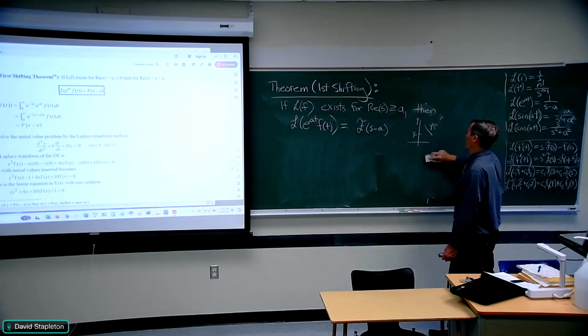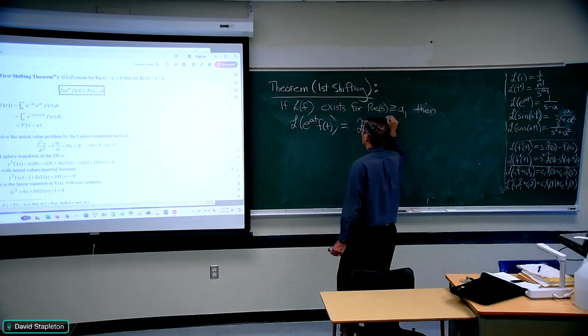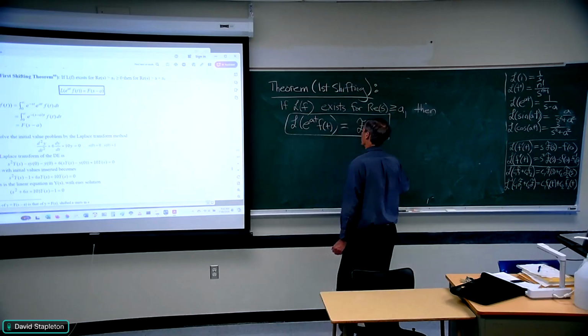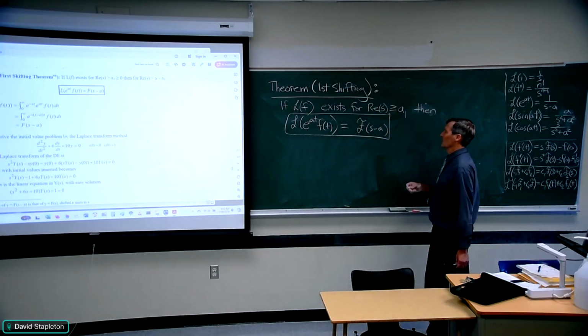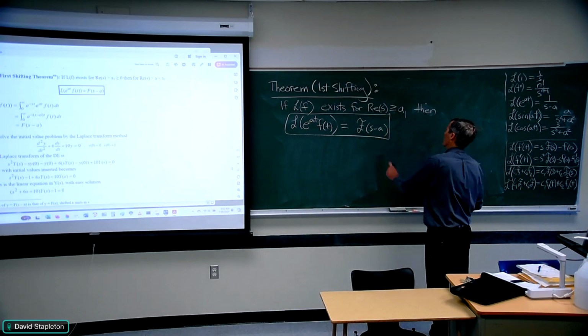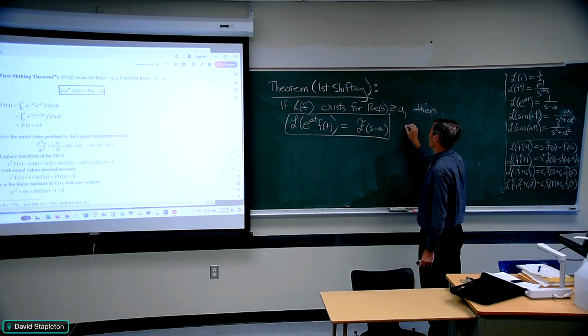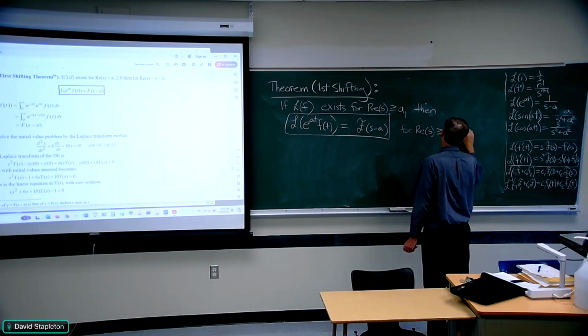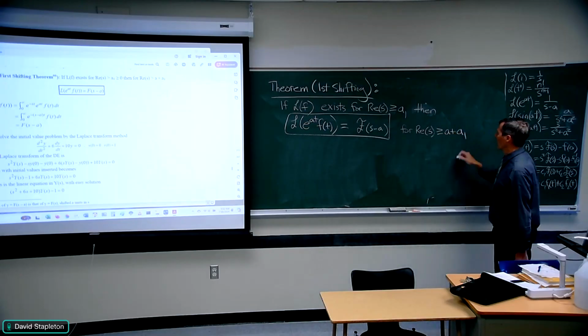But this is the big deal here: the Laplace transform of an exponential e to the at times f is F of s minus a. It's just the Laplace transform of f of t shifted along a units, at least for real part of s greater than or equal to a plus a1. This is not real important for us.